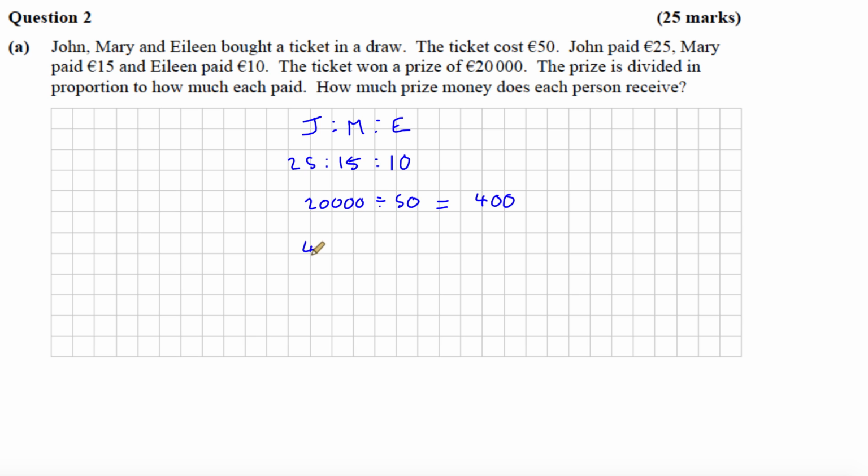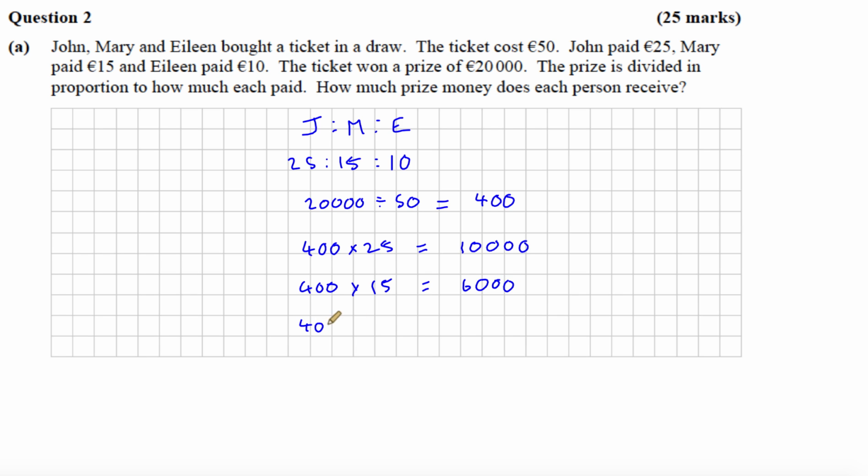So 400 times 25 gives us 10,000. 400 times 15 gives us 6,000.